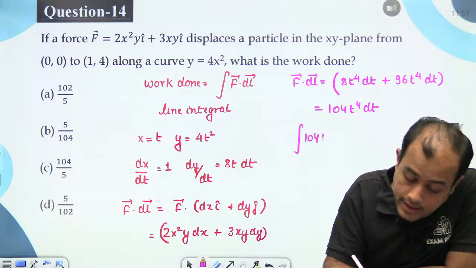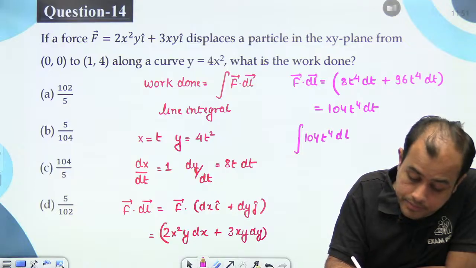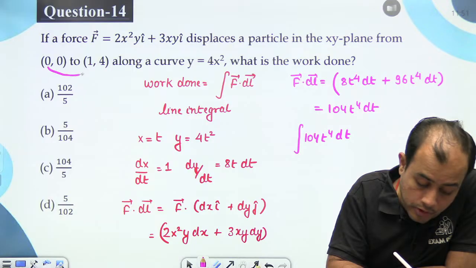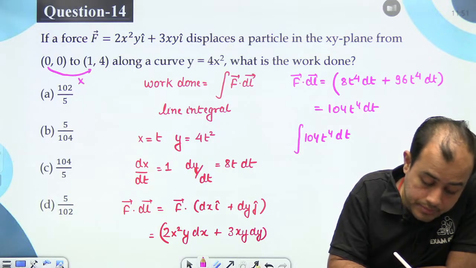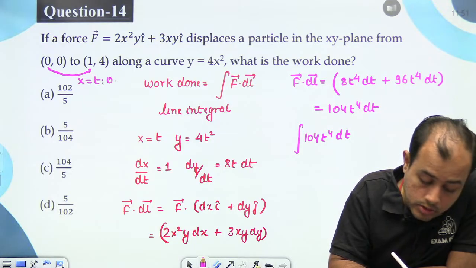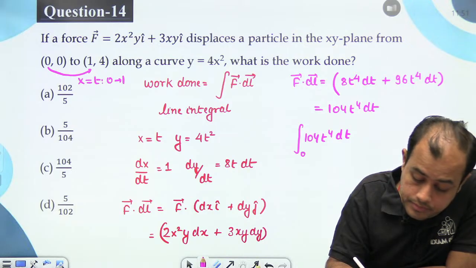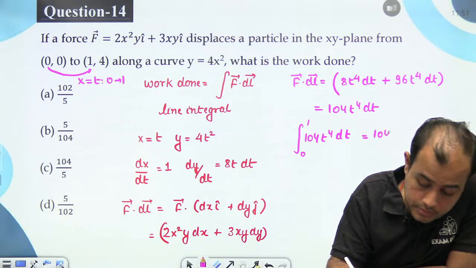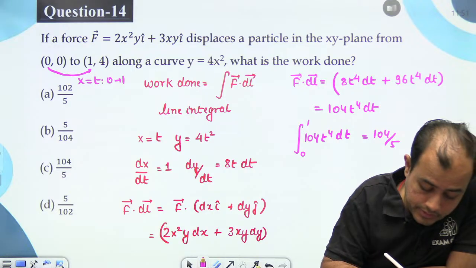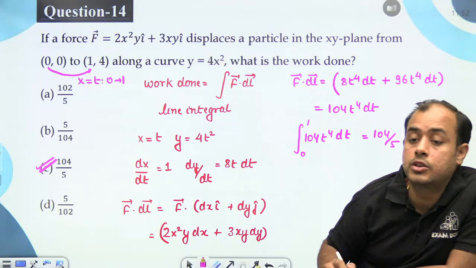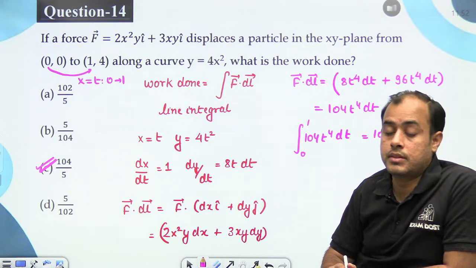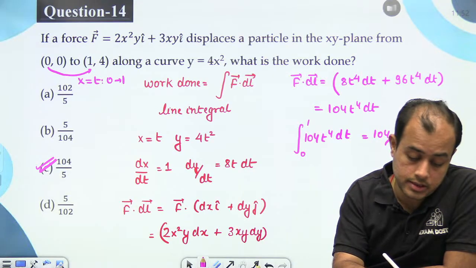Now x is equal to t and x is going from 0 to 1, so t will also move from 0 to 1. 104 by 5. See, 104 by 5. वेरी गुड. हाँ ये वाला j वेक्टर होगा, j कैप.